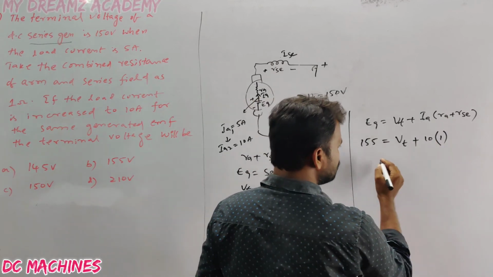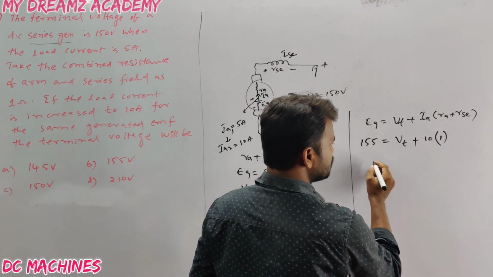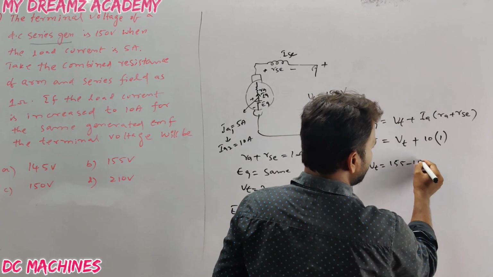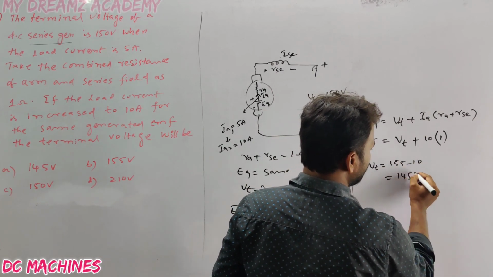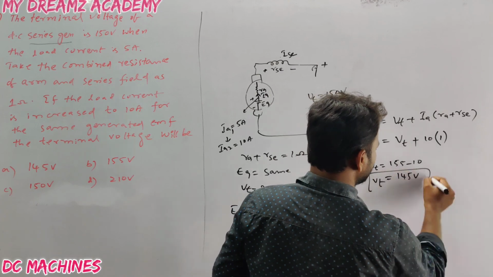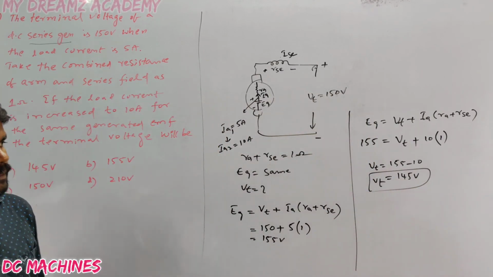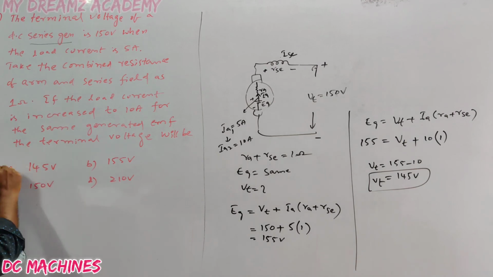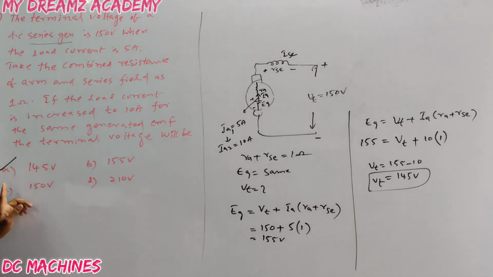From this you can calculate the terminal voltage. The terminal voltage is 155 minus 10, so the total is 145 volts. Check out the answers: A is 145 volts. This is the answer. Okay, thank you.